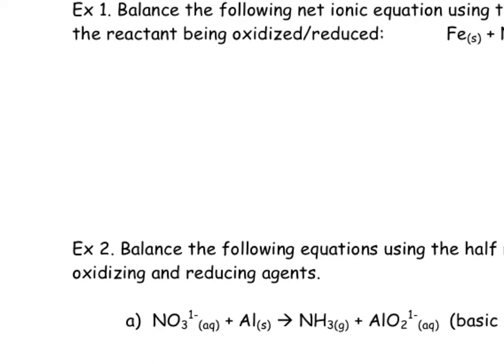Let's first start by writing the half reaction involving iron. In order to balance this reaction, I need to add 3 electrons on the right-hand side. Because the iron is losing electrons, this is my oxidation half reaction. This also means that my nickel will be reduced.